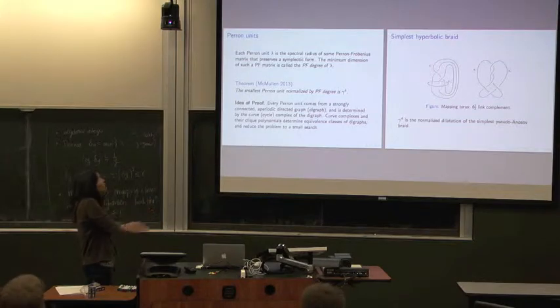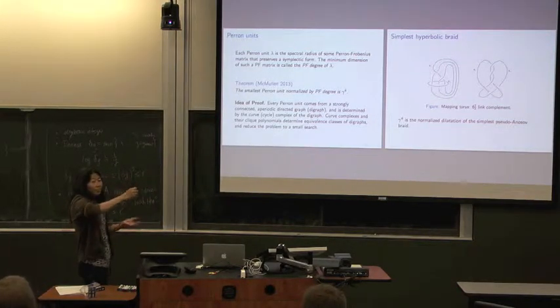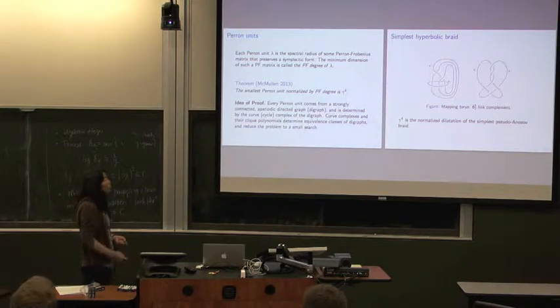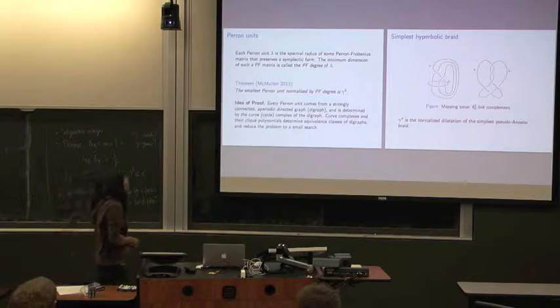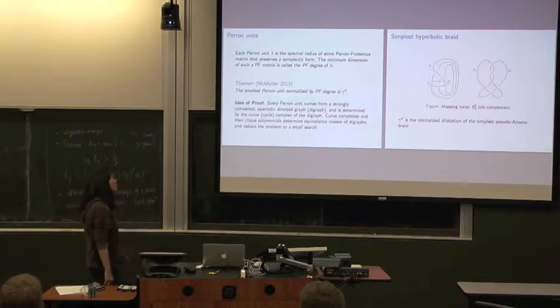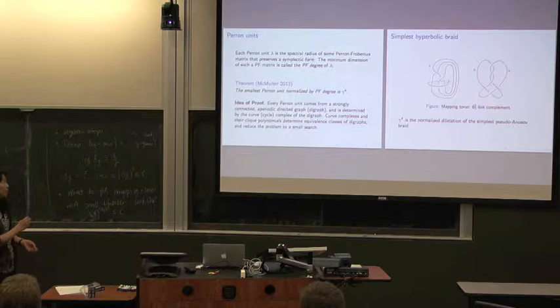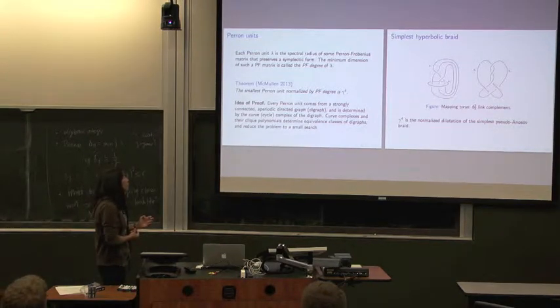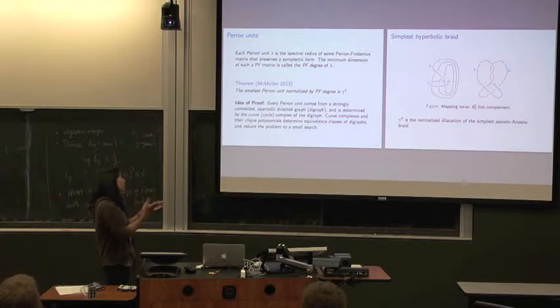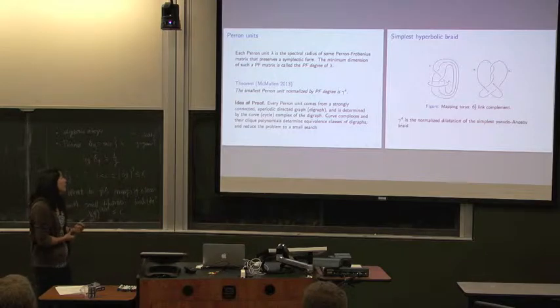It means you might have to go to a higher degree to get the dilatation, which would possibly make the dilatation smaller. The idea of the proof is, and I'm saying this because digraphs are going to come into what I talk about later, every Perron unit comes from a Perron-Frobenius matrix. From the Perron-Frobenius matrix, you can make a directed graph that has nice graph theoretic properties: strongly connected, aperiodic.